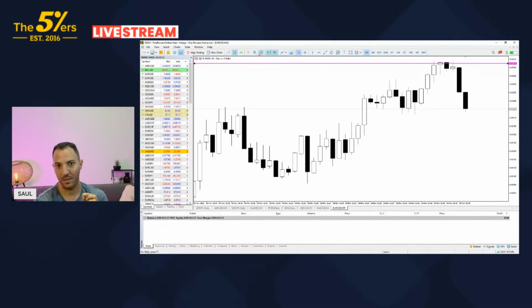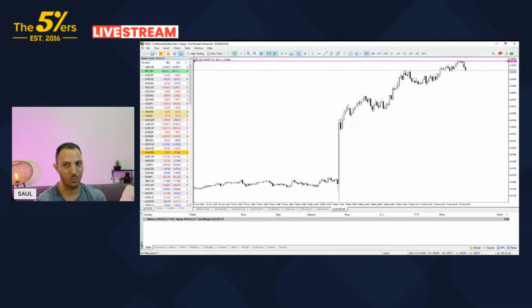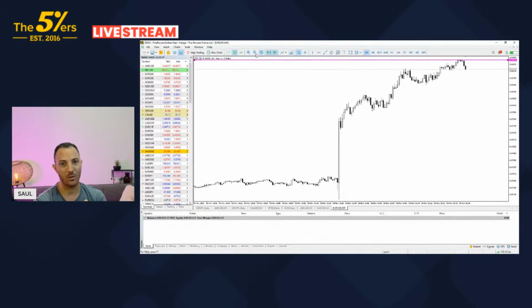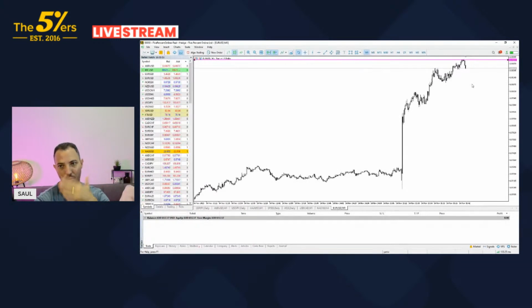Okay, it's at the pip. So it's going to give that pullback, and then just because of the strong demand it's coming from, I think we'll be able to break that supply. So I'll just take those reactions to the supply as a pullback to try to get into more long positions.